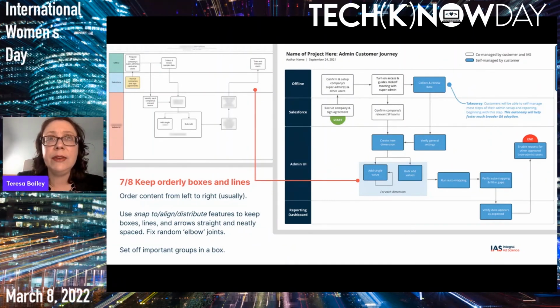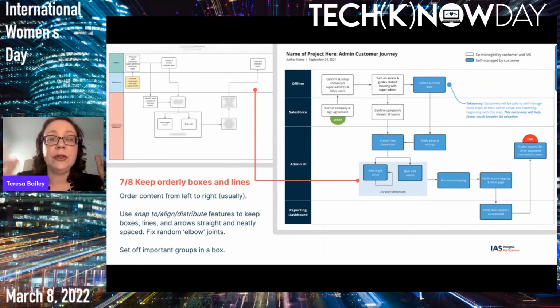And then also take advantage of the features they have in all the programs in terms of things snapping to grid or aligning or distribution features so that you can select a bunch of boxes and have them automatically line up, so it just looks neater. And watch out again, it's seconds to do this stuff, but watch out for these random elbow joints because whenever your eye sees something change or different, you're going to notice it.